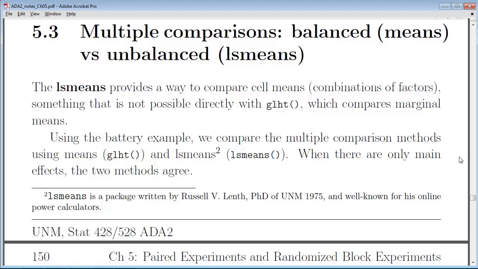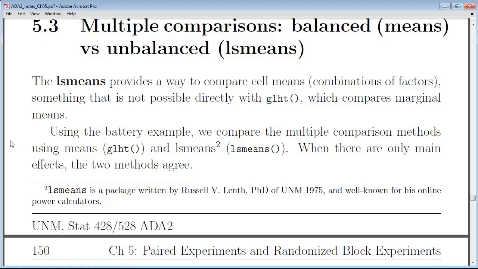So lsmeans allows us to compare cell means, which is what we want to do, when we can't get it with the general linear hypothesis test. Basically, I'm going to tell you that lsmeans you can always use. It's always going to give you the right answer. Always use that. We will use general linear hypothesis testing later in the semester. I wanted to show it to you a little bit this semester to get us acquainted.